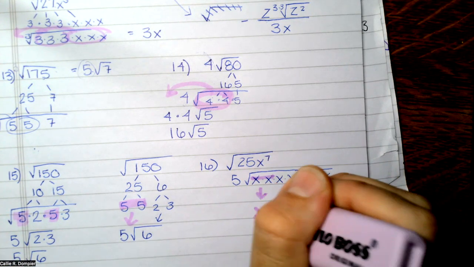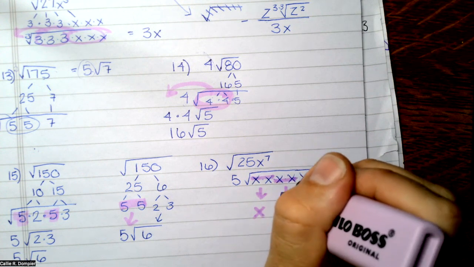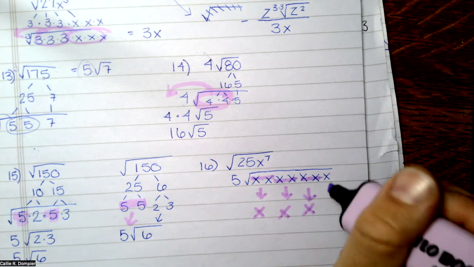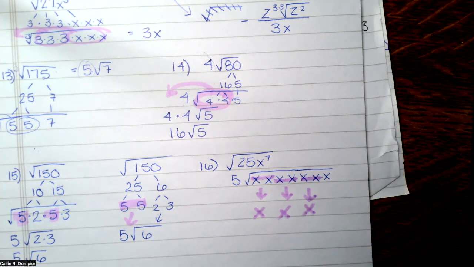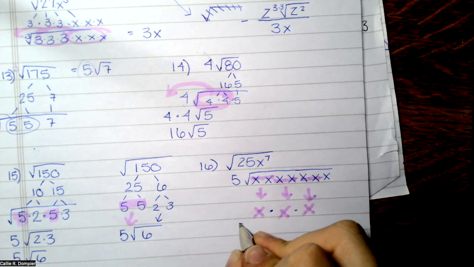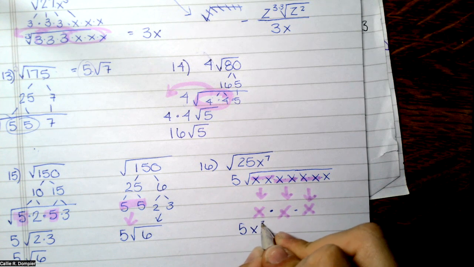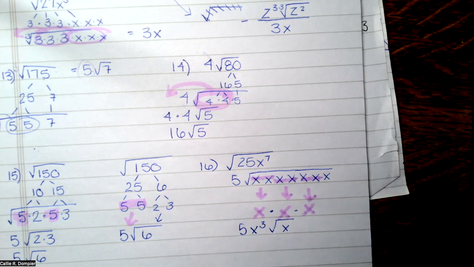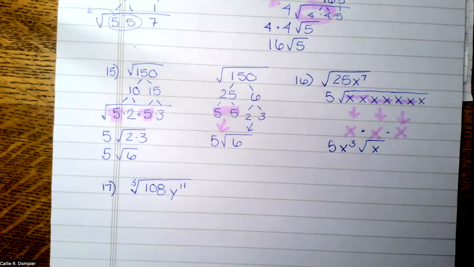So that becomes 1x, that's 1x, that's 1x. We have a leftover because if I divide 7 by 2, I get 3 with 1 remaining, right? So that's 5 times x to the 3rd, because there are 3 of them, times the square root of x, for 16. Good?